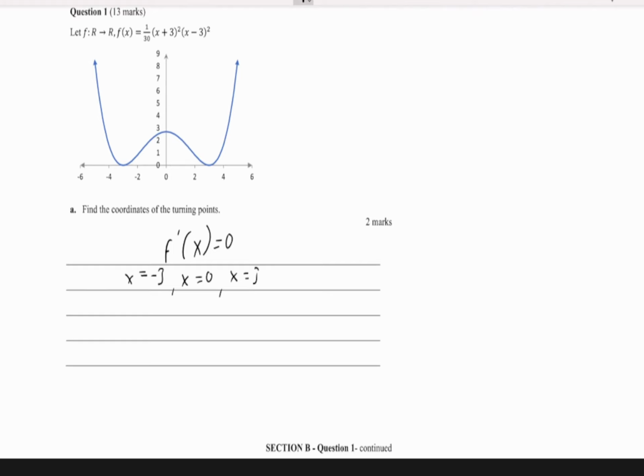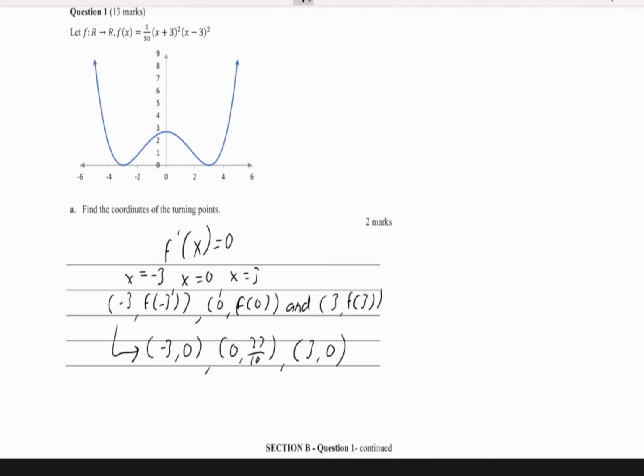Now to find the turning points, it's f of negative 3, comma, f of 0, and f of 3, and your 3 turning points are negative 3, comma, 0, 0, comma, 27 on 10, and 3, comma, 0.